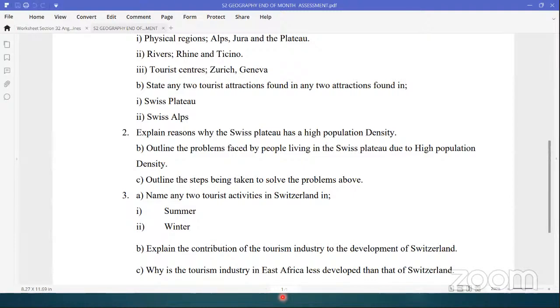And then we go to number 3, the next number.